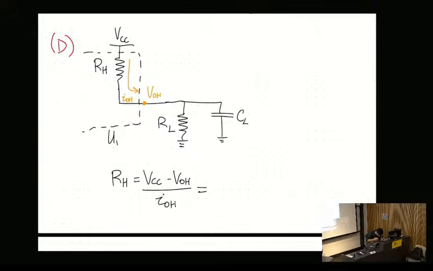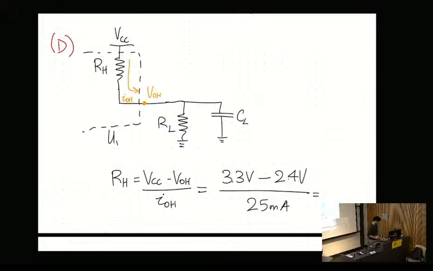VCC is 3.3 volts, minus the output high voltage, which was 2.4 volts, over the output high current, which was 25 milliamps, I believe. When you do this, you get 36 ohms.